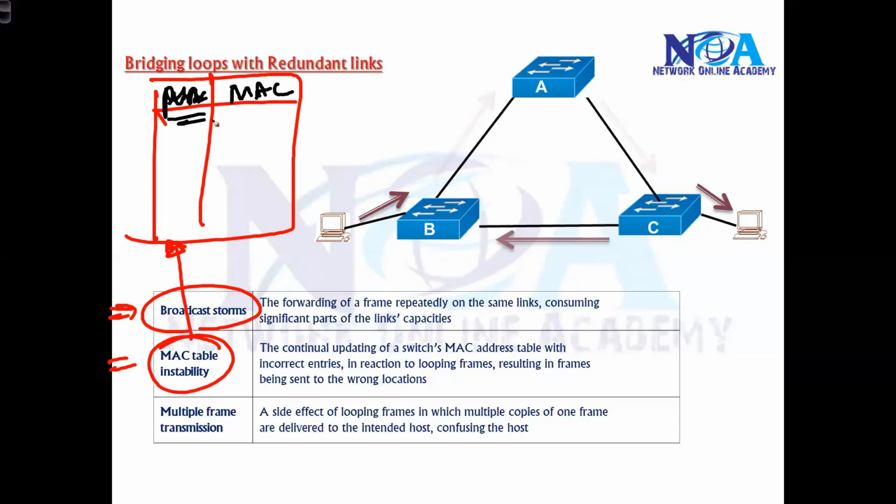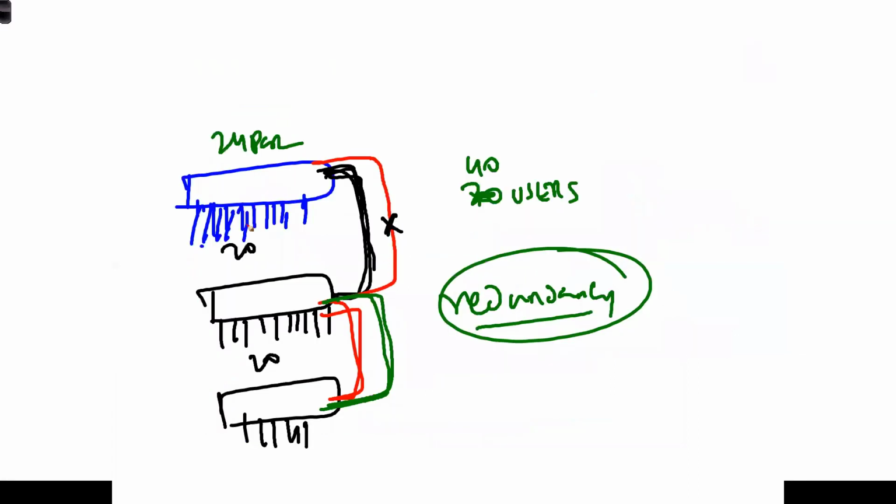By default, for the first time, the MAC table will be empty. Now when the broadcast packet is received, the switches will update this MAC table based on the source address, right? When the broadcast packet is sent, the source address will be the MAC address of the particular PC, and the destination MAC address will normally be all Fs.